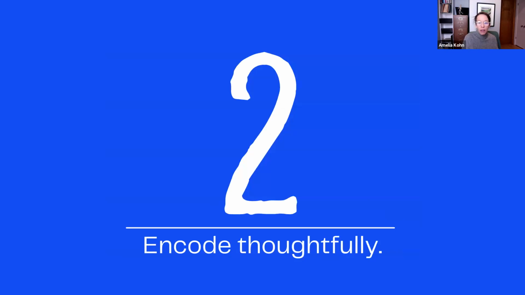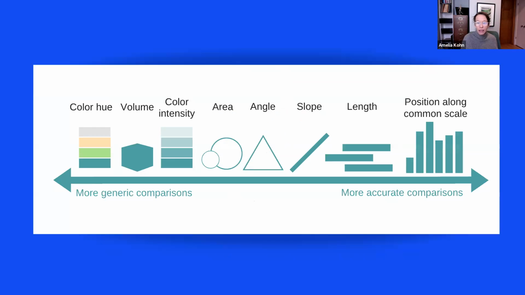Okay, encode thoughtfully. What do I mean by that? So when you encode data, it means that you're transferring it from words and numbers into some kind of visual format: color, shape, size, those types of things. Researchers Cleveland and McGill, as well as some others, have studied what types of encodings people are able to decode most accurately and rank them in the following list.